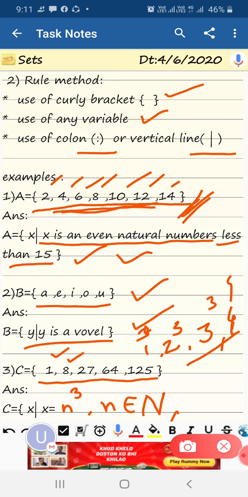Then again here a comma, and the limitation of these natural numbers is this number, so small n is less than or equal to 5. Understood?